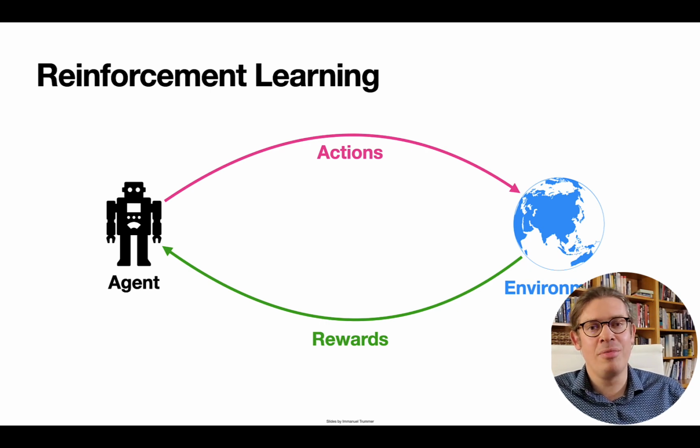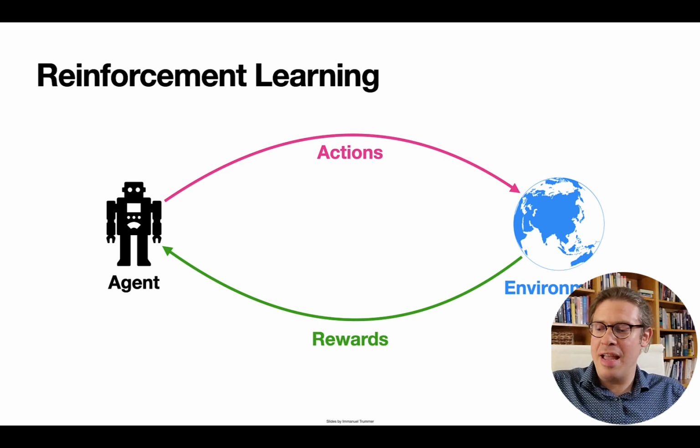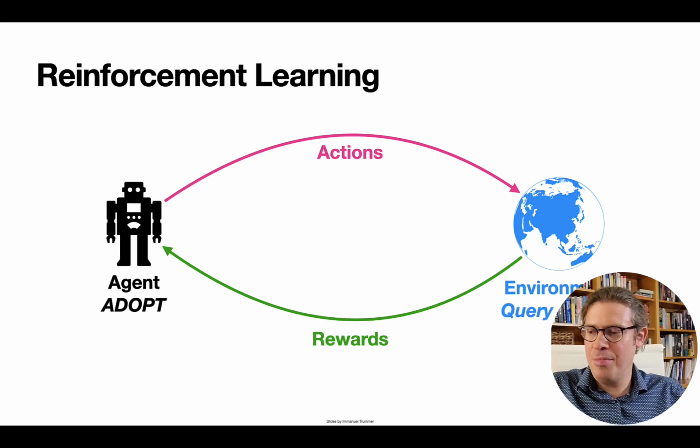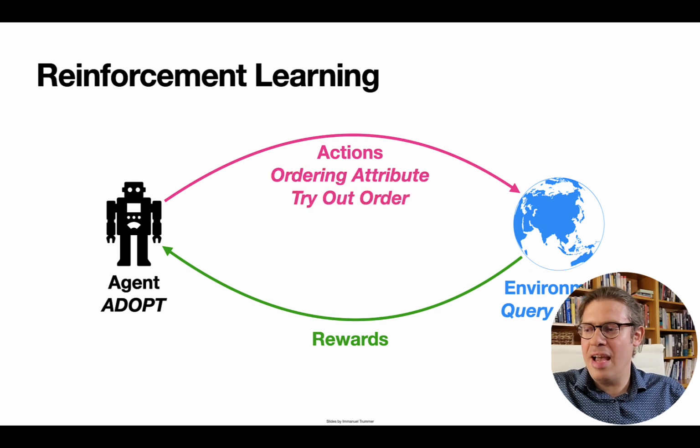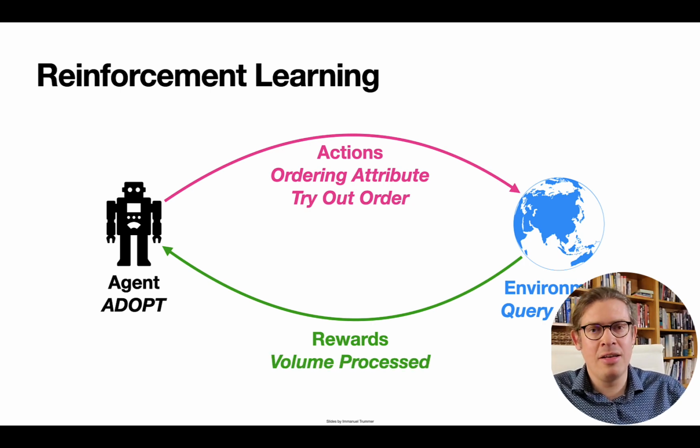Reinforcement learning algorithms provide a principled framework to deal with this uncertainty. Now, in this specific scenario, the agent is of course the Adopt system, the environment is characterized by query and data properties, and actions are associated with selecting an attribute order and trying it out. Rewards are associated with the volume in terms of the value combinations that we have processed so far.